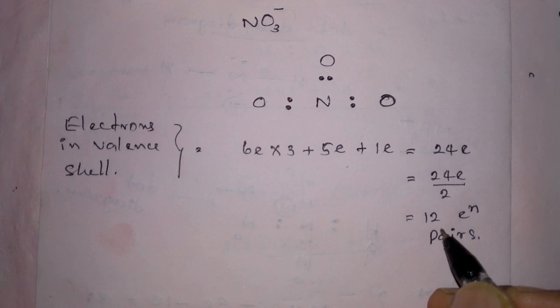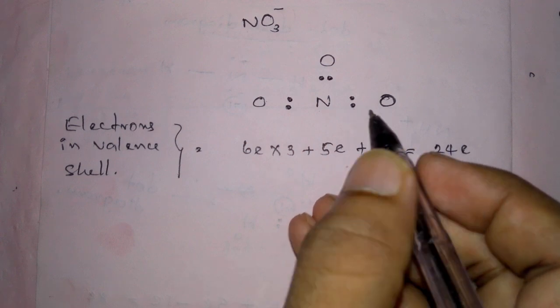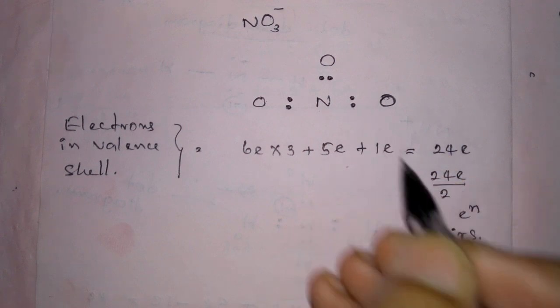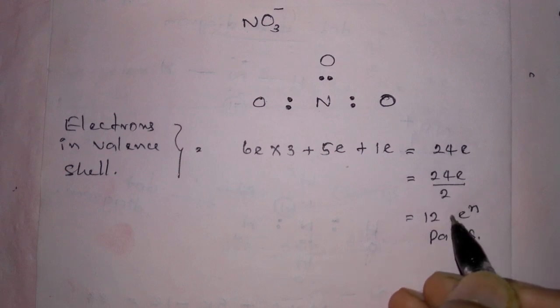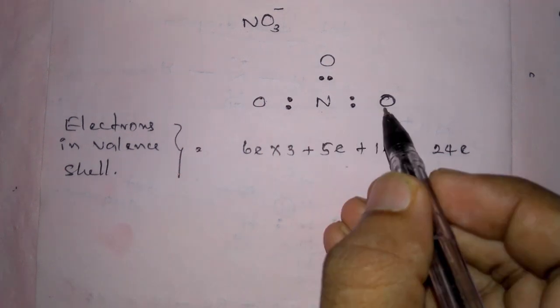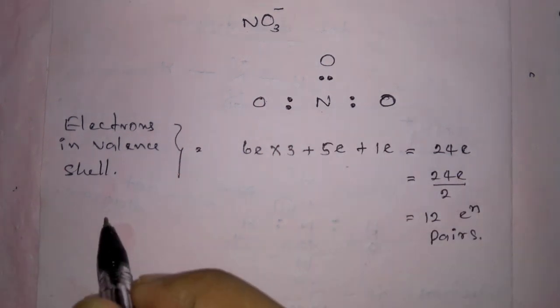These remaining 9 electron pairs are used to complete octet in each atom. But first we have to supply these electrons to the highest electronegative element. Between nitrogen and oxygen, oxygen is highly electronegative.